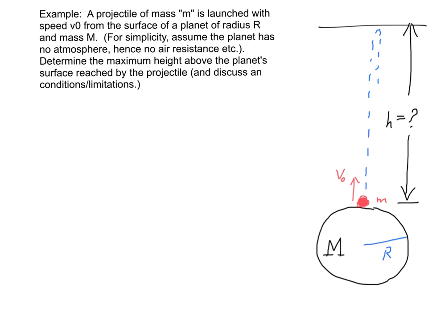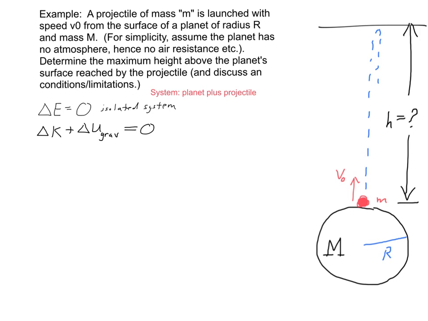To use energy conservation, we need to consider a system to apply energy conservation to. So our system is going to consist of the planet of mass capital M and the projectile of mass little m, and that's it. We basically have, for all intents and purposes, an isolated system, so the change in energy of this system is going to be zero. Within this system, the only forms of energy that are changing are the kinetic energy of this projectile of mass m and the gravitational potential energy of the system consisting of this mass m and the mass of the planet.